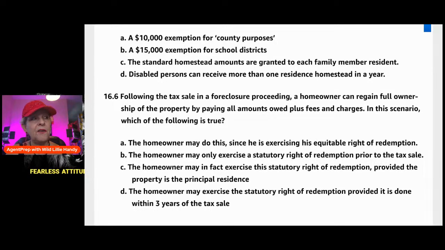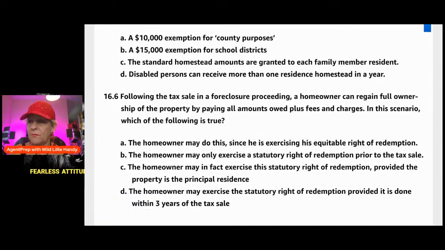So they're in default by not making their mortgage payments, and they have the right to redeem that property by paying whatever is owed on it and prevent a foreclosure proceeding. They might be in pre-foreclosure because they're in default. So the equitable right of redemption has to do with the mortgage. Here we're dealing with a tax sale, property taxes that are due every year on that property.